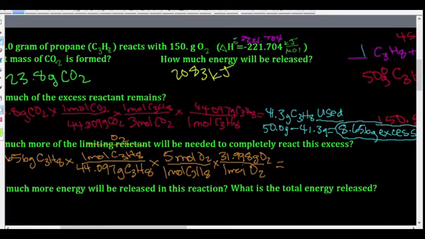Give you a couple seconds to punch that in your calculator. And for this, I get 31.41 grams of O2 are going to be needed to completely react.